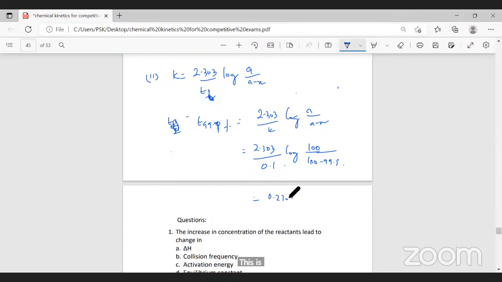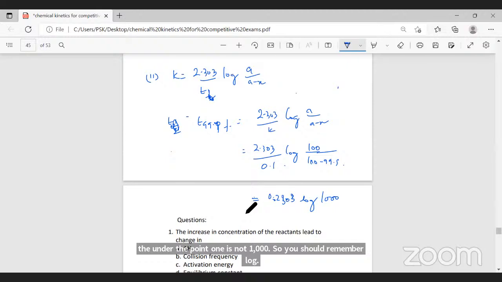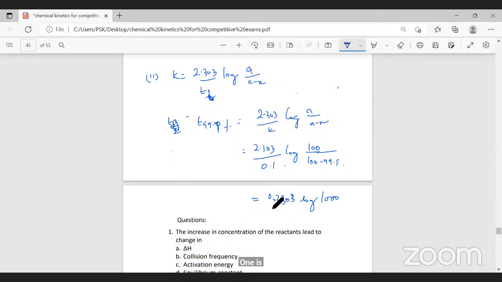2.303 divided by 0.1 is 23.03. Log of 100 minus 99.9 is 0.1. So 100 by 0.1 is log 1000. So you should remember log 1 is 0, log 10 is 1, log 100 is 2, log 1000 is 3.